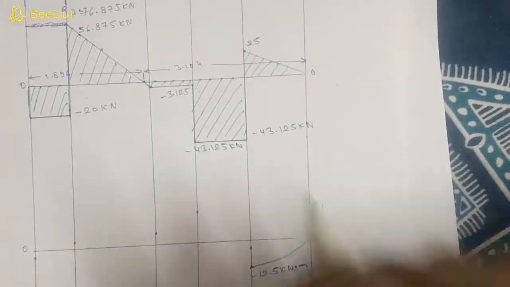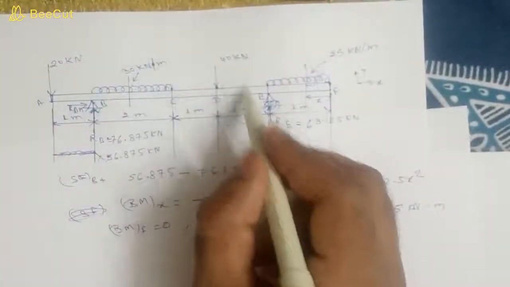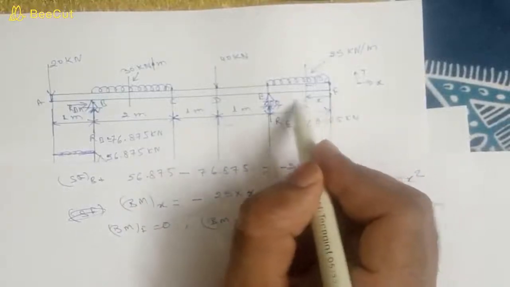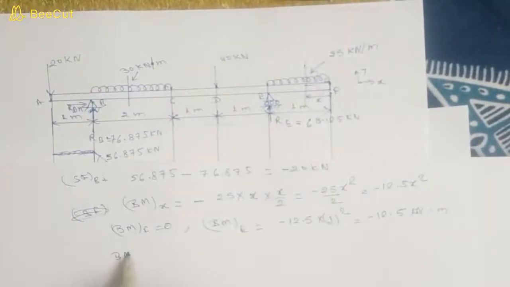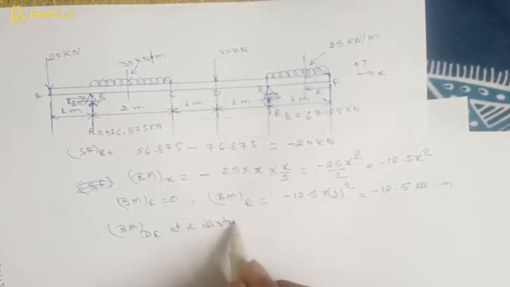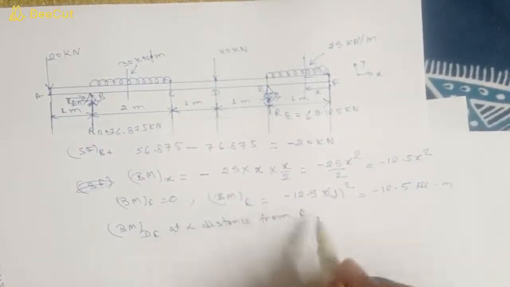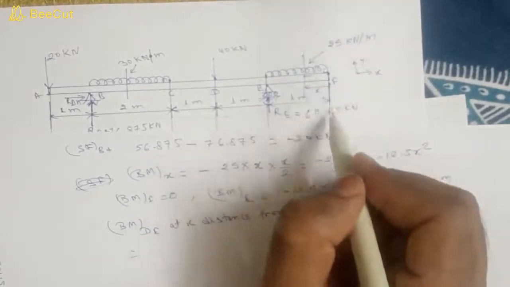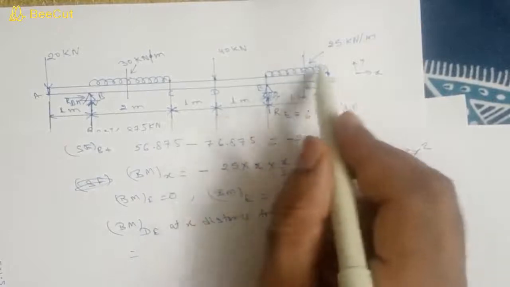Okay, I hope you get up to here. Now we will calculate further. If we take a section at x distance from F, at this part, the bending moment in part DE at x distance from F will be, see, there is no force here at point F, and this is 25 kilonewton.